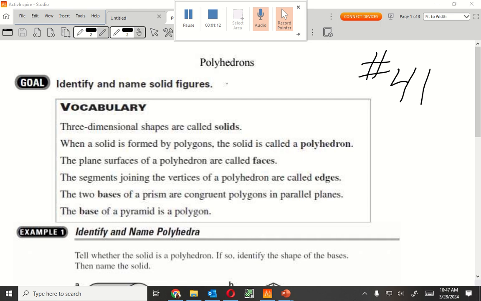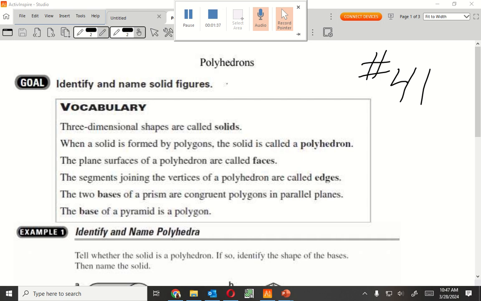Anyway, identify and name solid figures. So three-dimensional shapes are called solids. We normally refer to this when we're talking about volume, because we have a shape and how much liquid we could have in that shape. So these are solids. When a solid is formed by polygons, the solid is called a polyhedron.